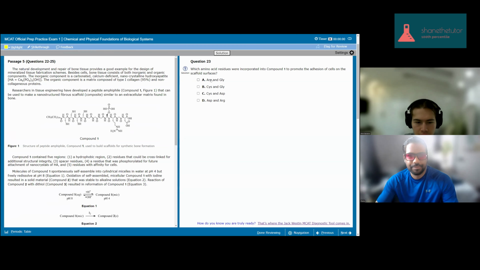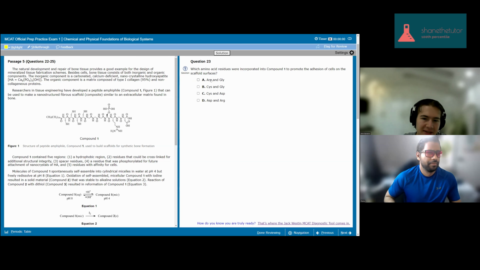What are your thoughts? Honestly, I wasn't even sure here, because I did this passage at the very last minute, so I went through it super quick. I knew there was cysteine, glycine, and arginine, and I'm pretty sure I just chose what was there.